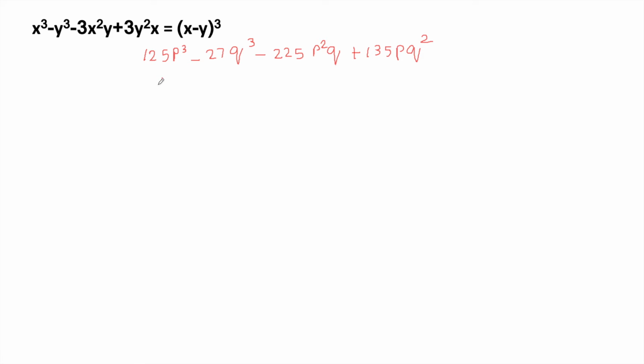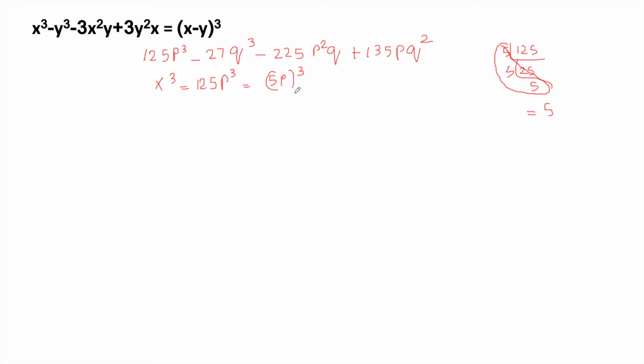Now we can write it formally. x cube is 125p cube, that means 5p the whole cube. The cube root of 125 is 5. You can use the ladder method again to find the cube root: 5, 5, 5, only 3 numbers here, so one set of 3 numbers, that is 5.